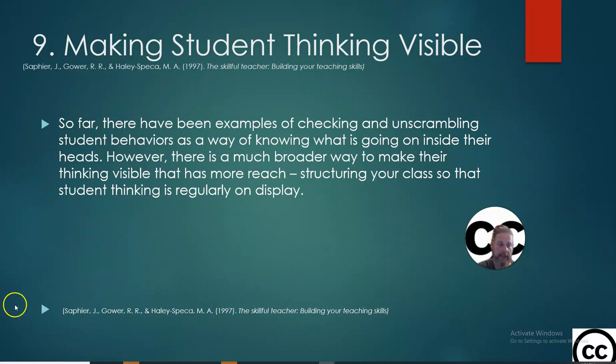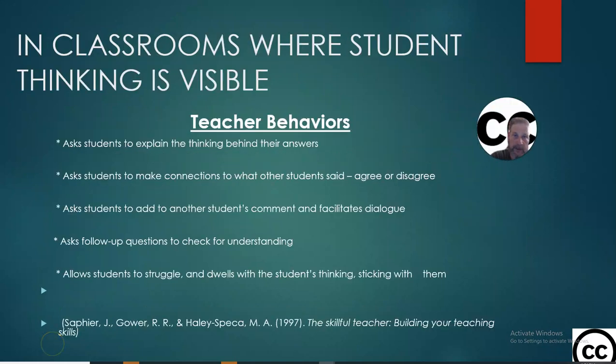So here are some of the expectations we have for the teachers' and the students' behaviors that will get more responses out. In the classroom where students' thinking is visible, the teachers' behaviors are: we ask students to explain the thinking behind their answers, so we get more clarity that they're actually picking up some of the content.